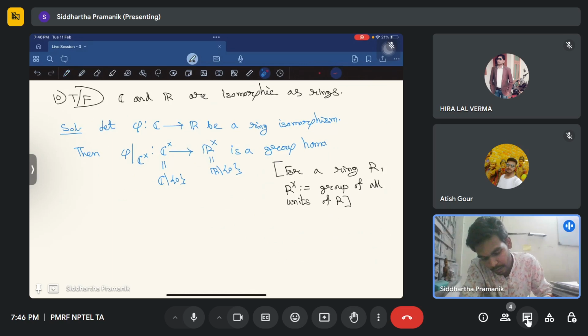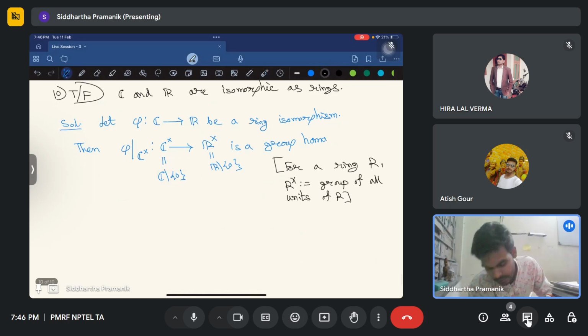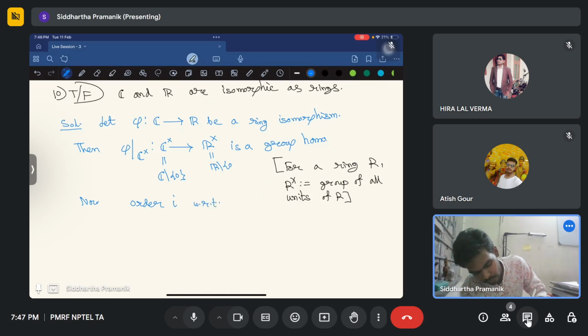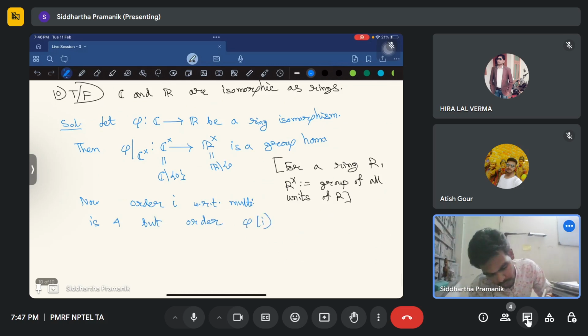But in C minus 0, there are elements which have finite order. Let's say i. So now the order of i with respect to multiplication is 4. But the order of phi of i cannot be finite.